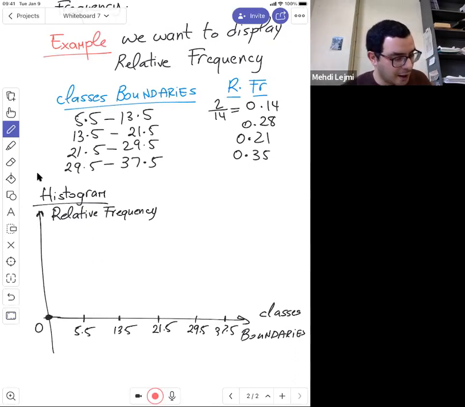Your histogram doesn't have to be perfect, right? The units here don't have to be perfect. So you start with the lowest relative frequency, that will be 0.14. After that, we have 0.21, then 0.28, and then 0.35.